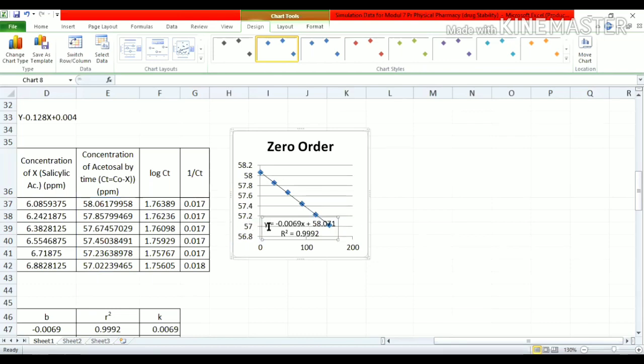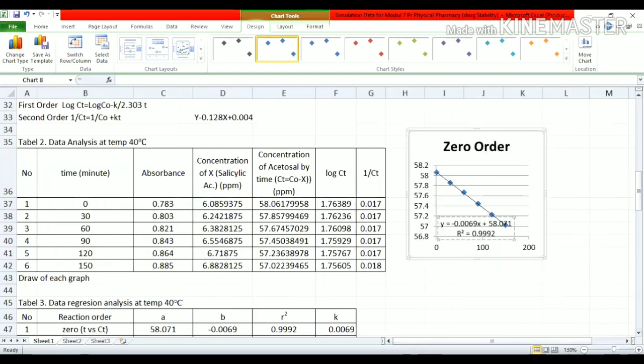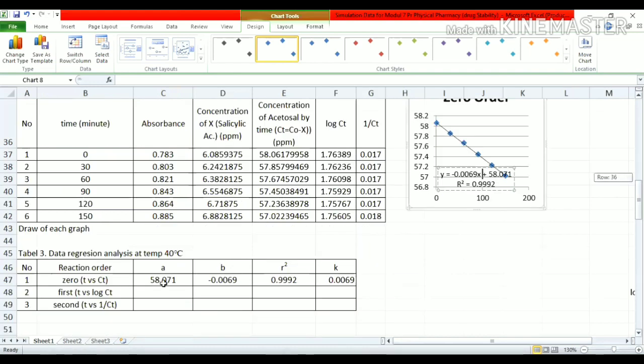The A number is 58.071, and the B is the slope, which is minus 0.0069, and the R square shows the linearity of the graph.